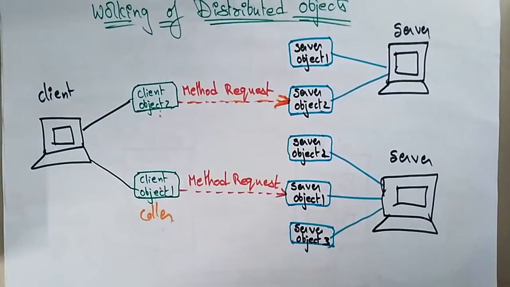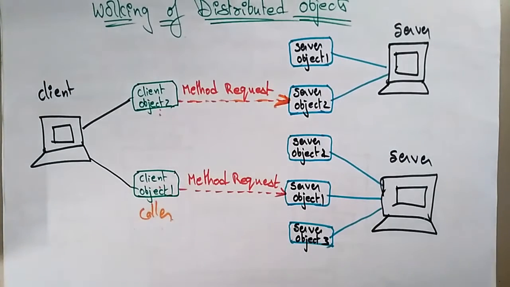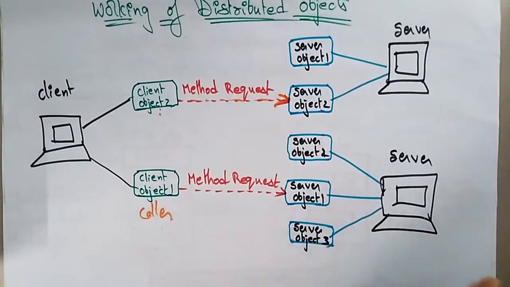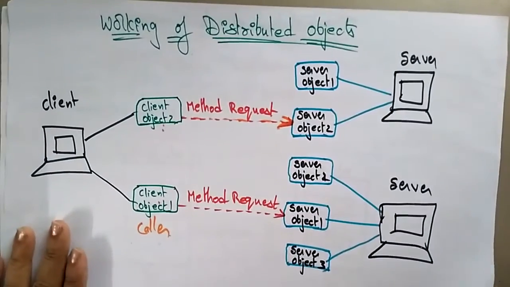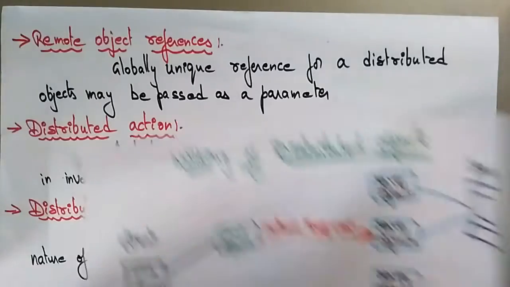Okay, so I hope you understand what exactly distributed objects are. Those objects work together, present at the client side as well as the server side. The client requests those objects present at the server side, and the server sends the response to the client after completion. So this is a mutual understanding between the client and server in the distributed environment.